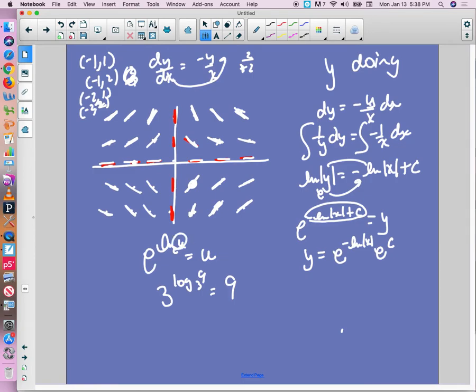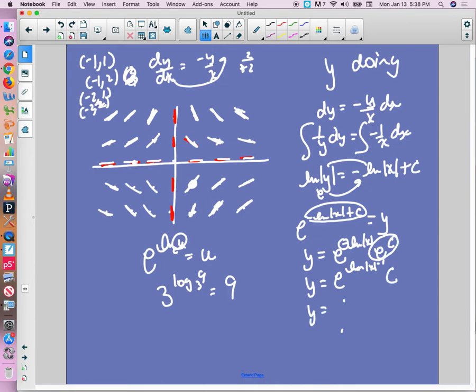You just have u. So y is equal to, now I have to be careful here because this negative exponent's in my way. So I'm going to make this e to the ln x to the negative 1 power, and I'm going to make e to the c, which we're usually just going to call c.